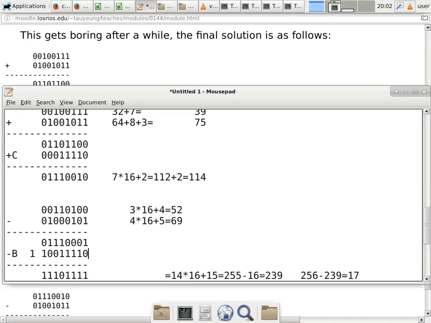Isn't it 239 minus 256? Yes, correct, because we owe 256. Thank you. So it's negative 17. And what about this subtraction? What is 52 minus 69? Negative 17. So they do match.